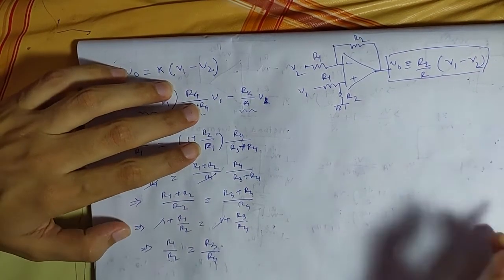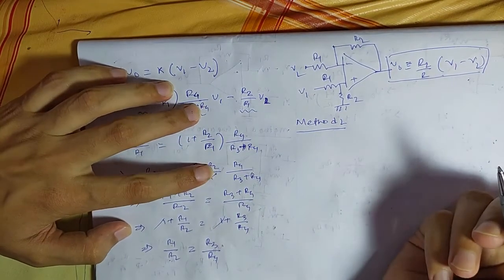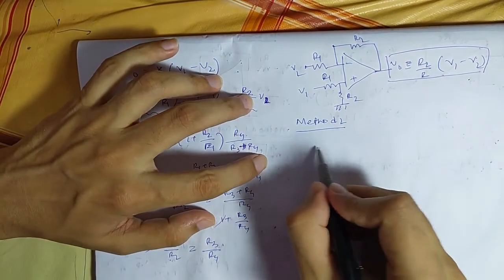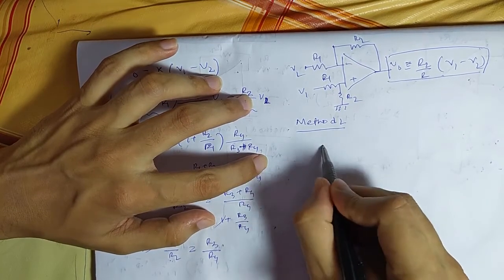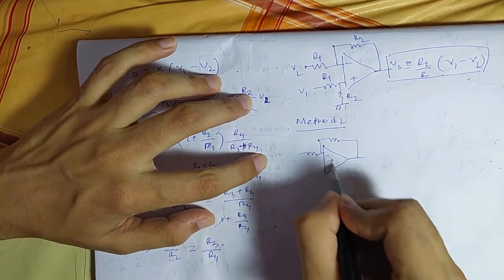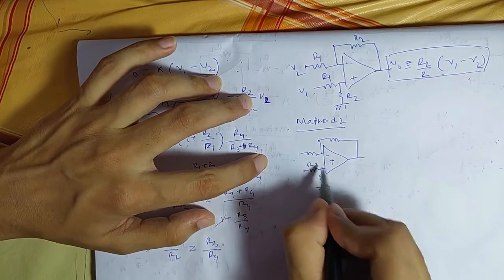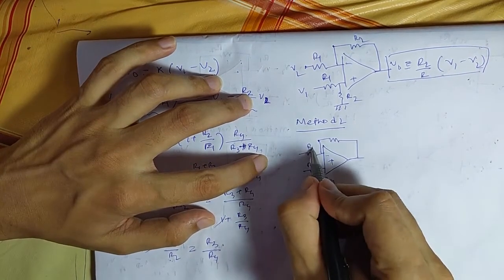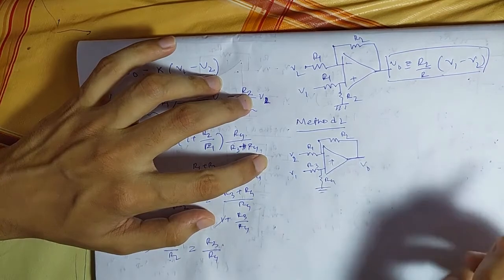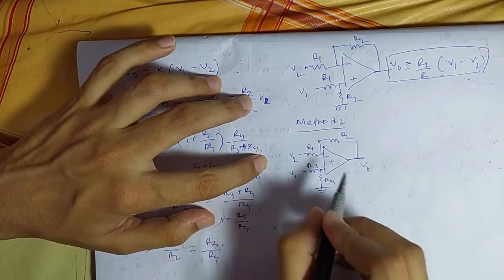In method 2, we'll use direct loop analysis and achieve the same result. So for method 2, I'll draw the circuit again. Now first we'll find this node potential VA.